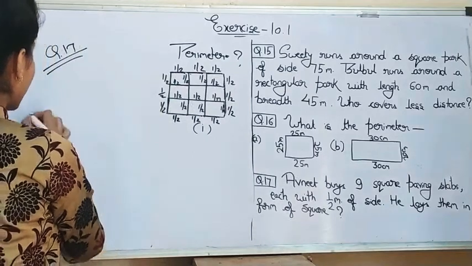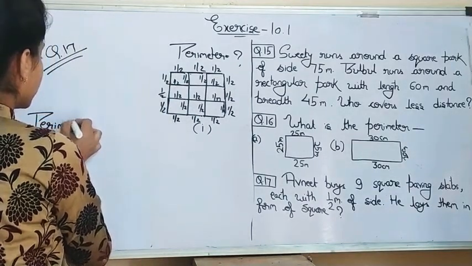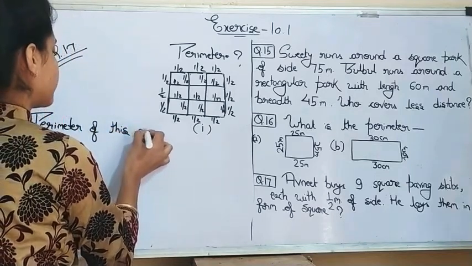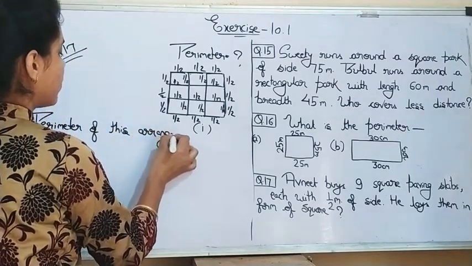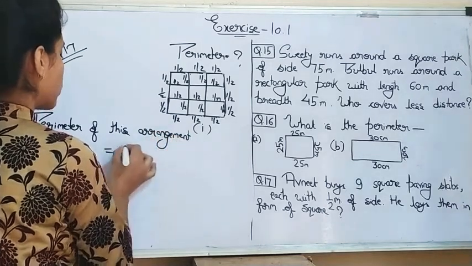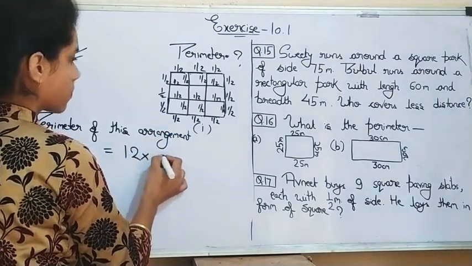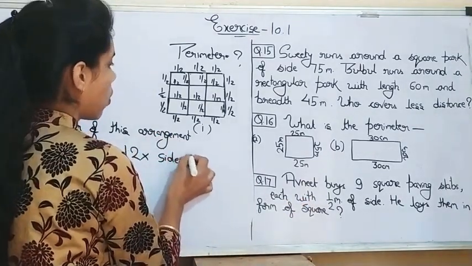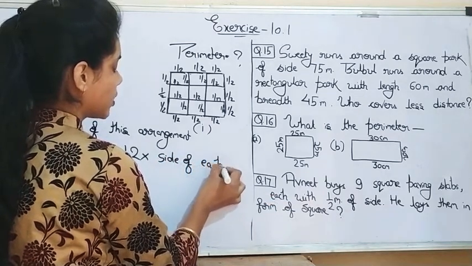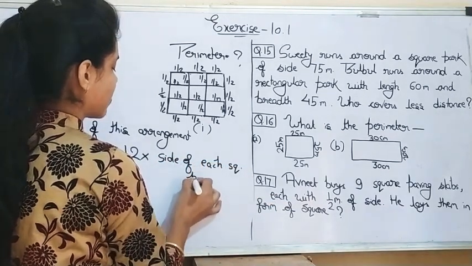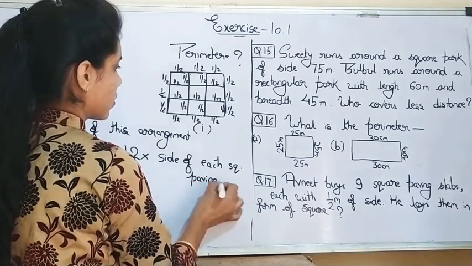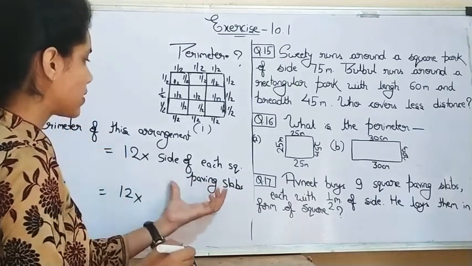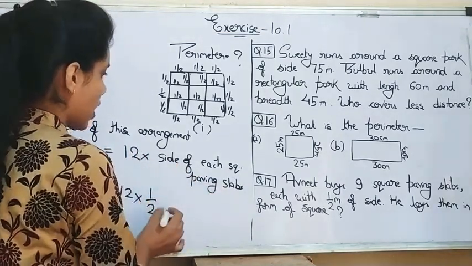So the perimeter of this arrangement will be 12 multiplied by the side of each square paving slab, which is half meter.